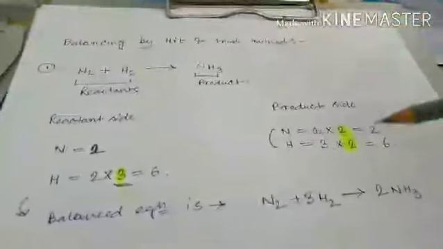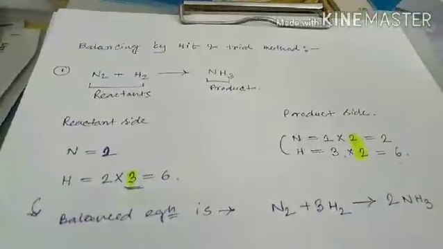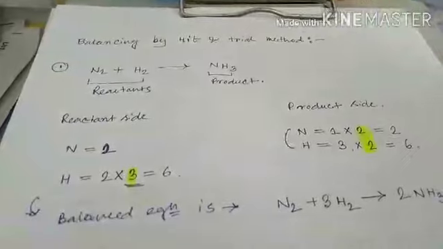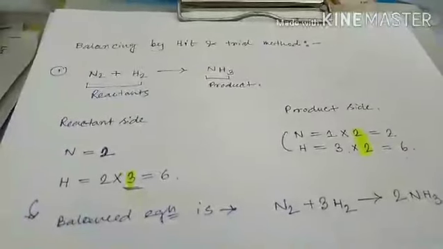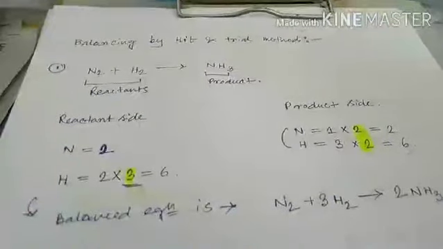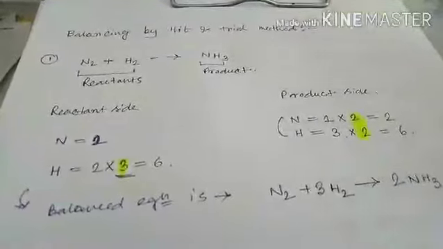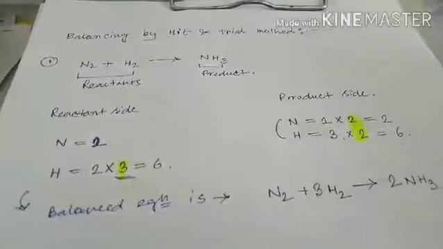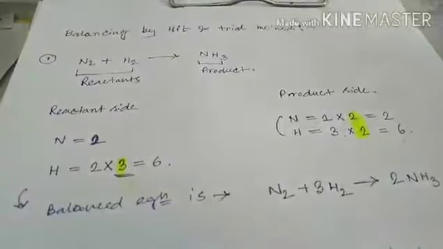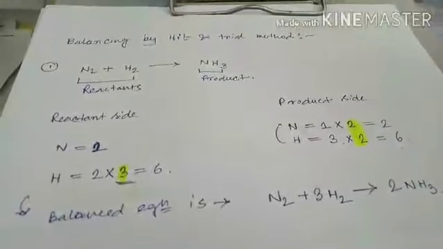But the fact is that ammonia is a single entity, that is, NH3 is a single entity. Here in NH3 the nitrogen and hydrogen are together, so we cannot multiply only nitrogen. We have to multiply nitrogen as well as hydrogen with 2.